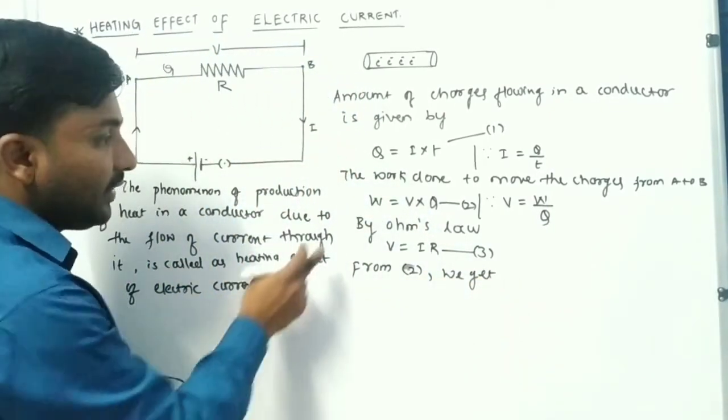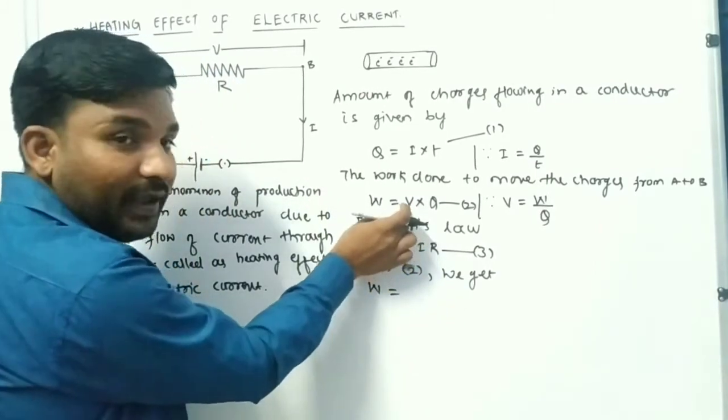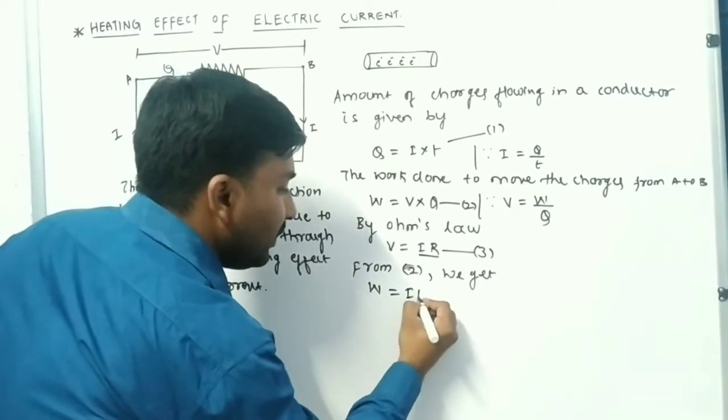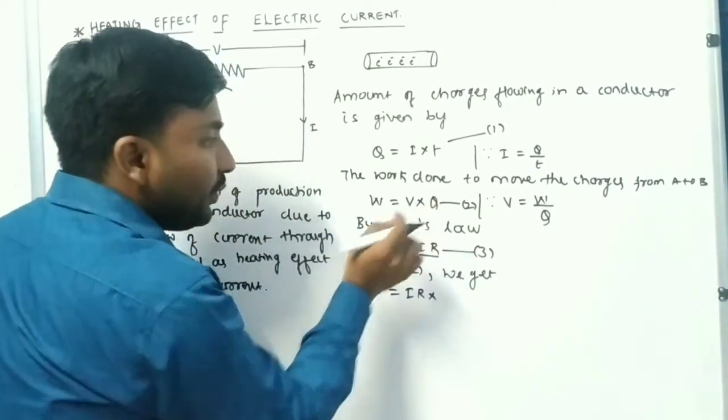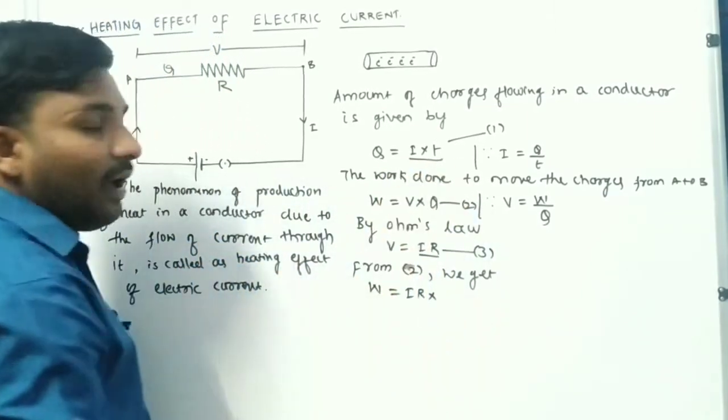W is equal to, in place of V I will write I into R, into Q. In place of Q I will write I into T.